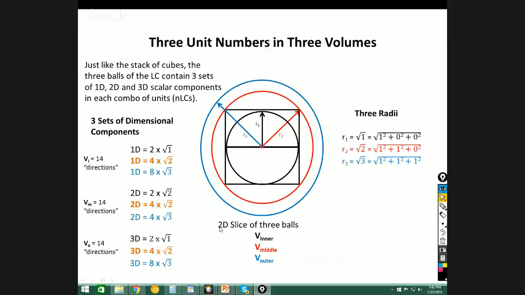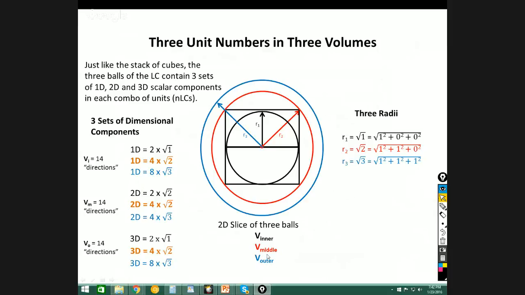So we have a 2D slice here now, if you can see it, of the three balls. The black is the volume of the inner ball. The red is the volume of the middle ball.